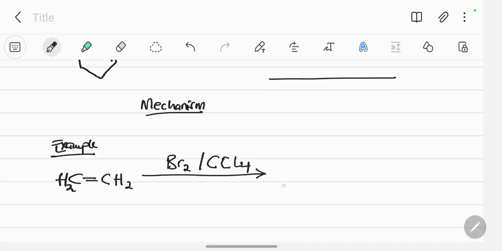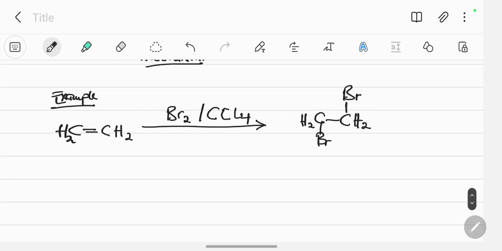We saw it. So it's going to give me CH2Br, CH2Br. Now, I've used the simple alkene to represent very many alkenes.